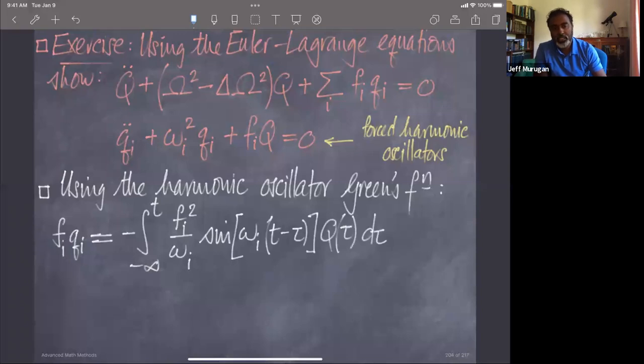Okay, let's neaten this up a little bit and define a couple of things that will allow us to make some progress in going forward. So I want to define the following functions.